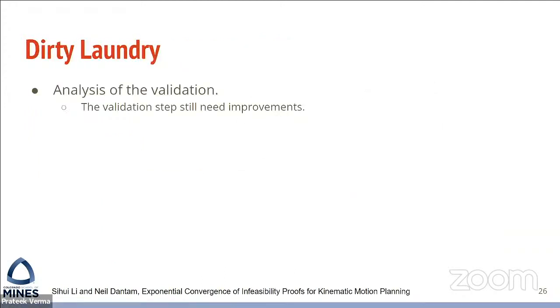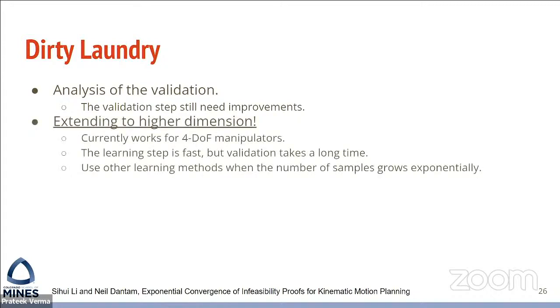So, some dirty laundry. First is the analysis of the validation step. Remember that we have two steps, the learning step and validation. The validation step analysis is mentioned in the paper, but it's not rigorously proved. This is partly because we still want to improve this validation step. An important part of future work is extending to higher dimensions, where a large roadblock is this validation step.